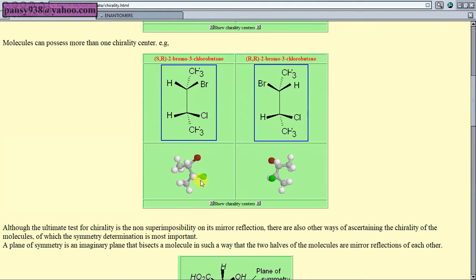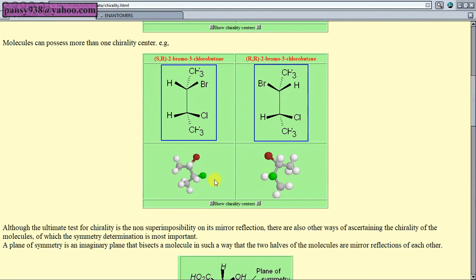As you can see, the green colored chlorine and the hydrogen are at different sides to each other.